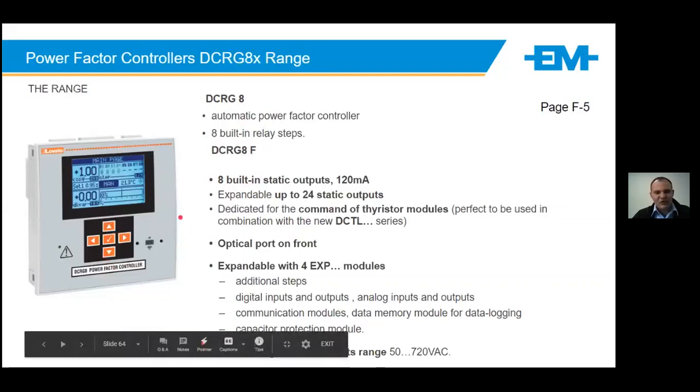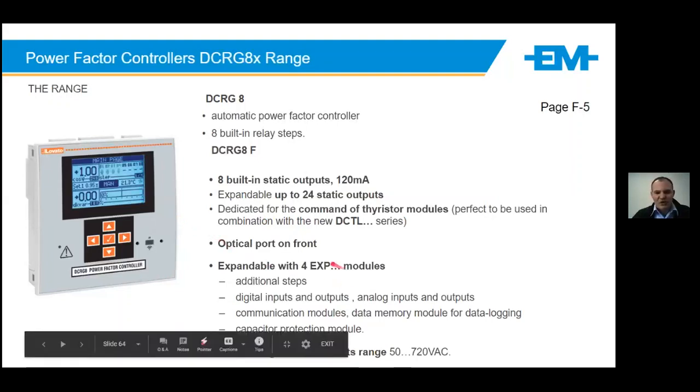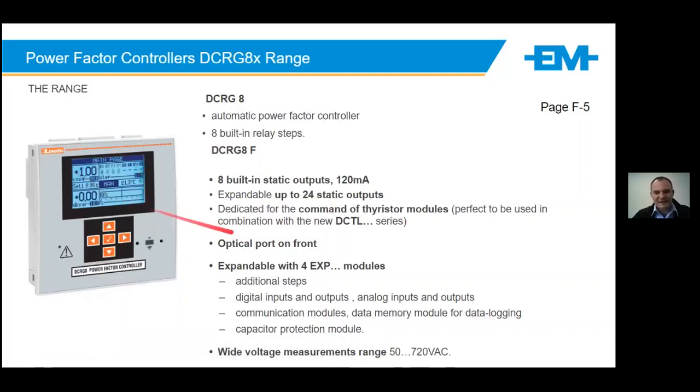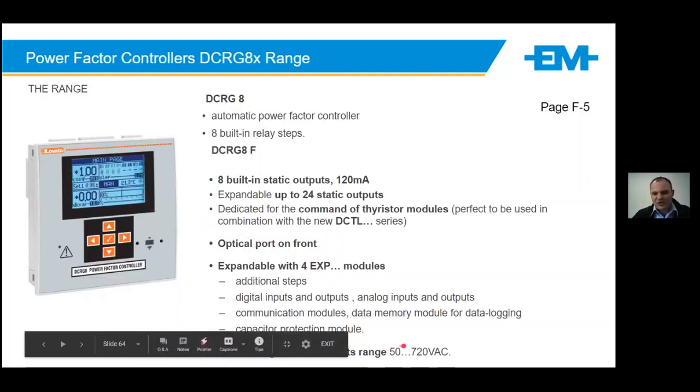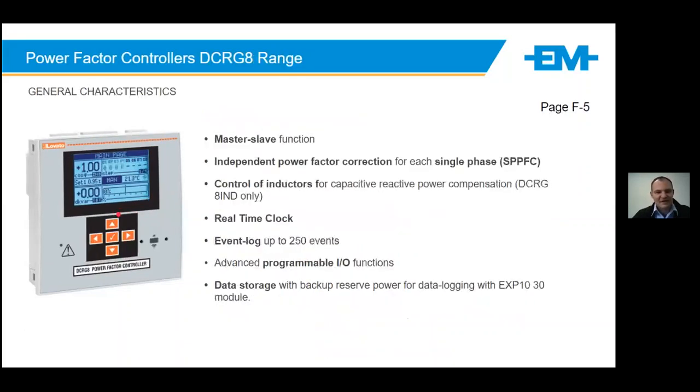Again, the optical front port for your programming and so forth. Also expandable, but up to 4 modules. So much greater than the DCRL5. Also larger voltage measurement, up to 720 volts AC.